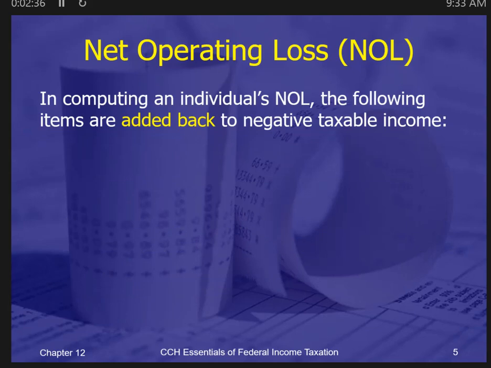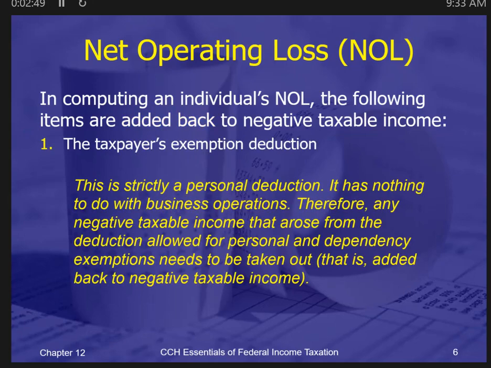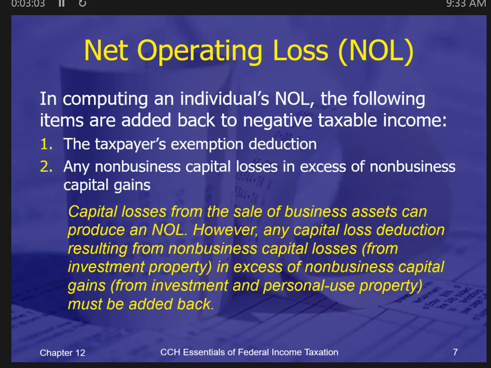So, if you calculate all the taxable income items, you've subtracted out all the things according to what we've learned so far, and you have negative taxable income, how do you know if you have an NOL? Well, you start adding back things. The exemption deduction, your personal exemptions, your dependency exemptions for kids, the $4,050 for each one has to be added back. That doesn't count in calculating NOL.